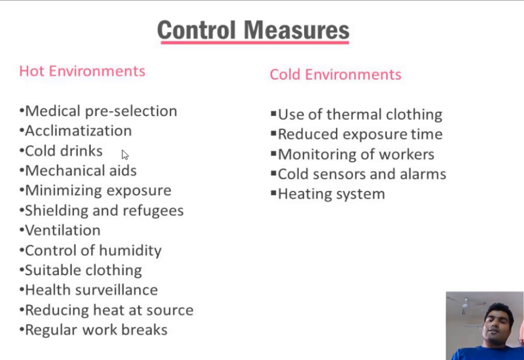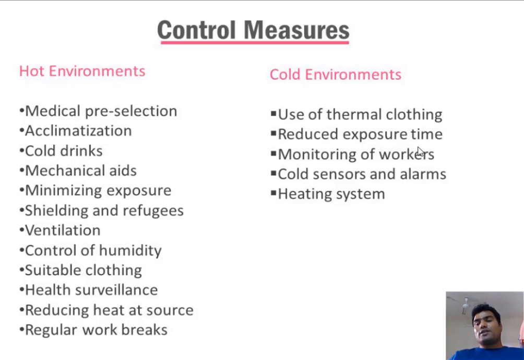And if you are working in the cold environment, what control measures you should take, we will study in the next column. First one is use of thermal clothing. That means as we know, in the winter season we use sweaters and woolen cloth. So thermal clothing should be used.